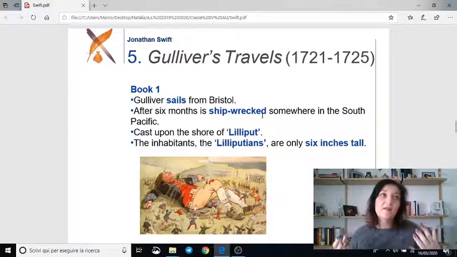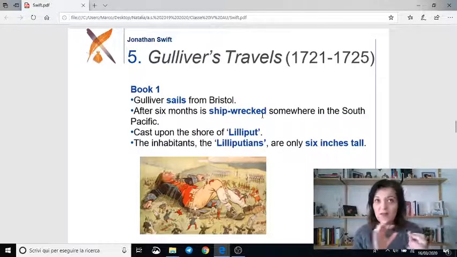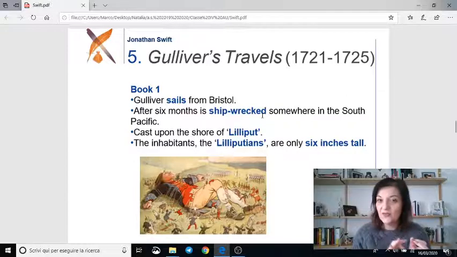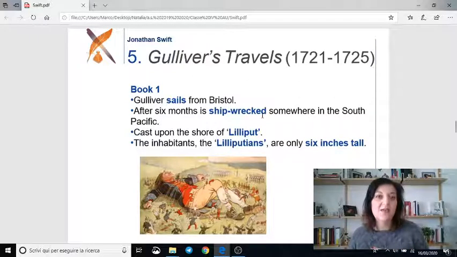So after 6 months spent sailing, Lemuel Gulliver, this ship surgeon, is shipwrecked somewhere. We don't know exactly where, even though, as I have just told you, Swift provides some maps, but somewhere in the South Pacific, nel sud del Pacifico meridionale, South Pacific.